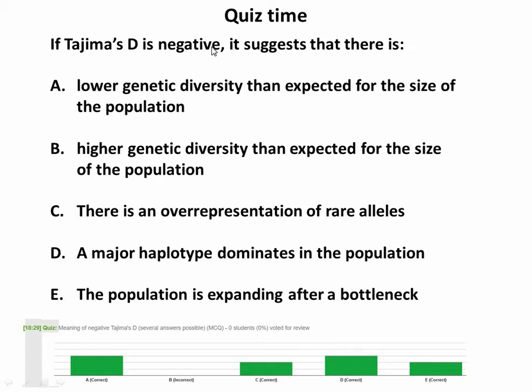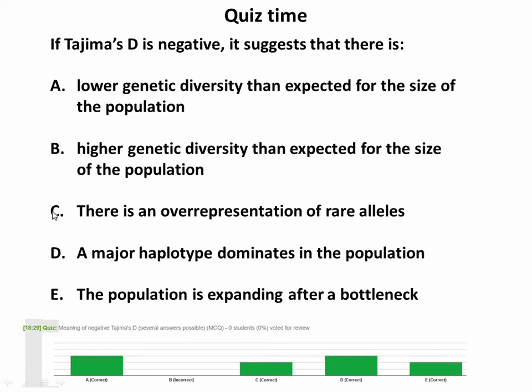If Tajima's D is negative, it is exactly what I said before. It means that there is lower genetic diversity compared to what we expect for the size of the given population. And you all answered D correctly as well, which is basically if there is lower genetic diversity, that means that most of the individuals share the same haplotype. So there is a dominating major haplotype in the population.